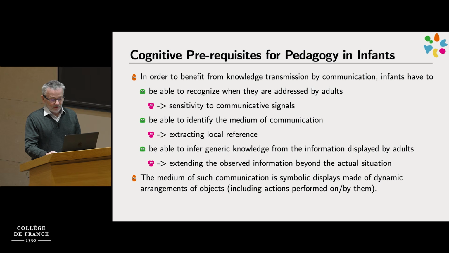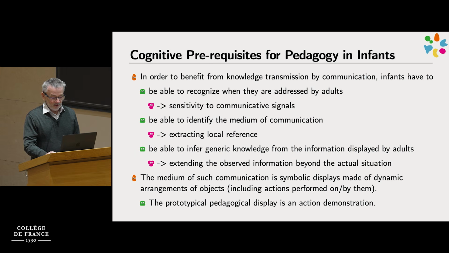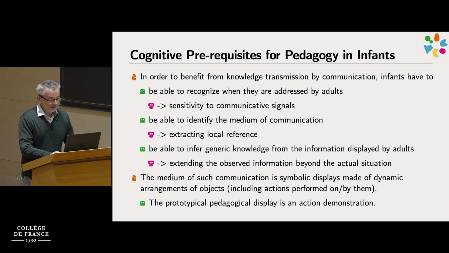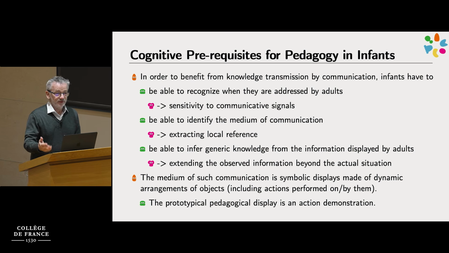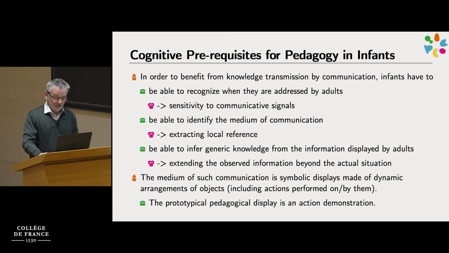And so, more recently, we are working on ideas about how symbolic displays created by objects are actually adopted for this purpose. The prototypical pedagogical display is an action demonstration, so I'm going to show you examples later on.